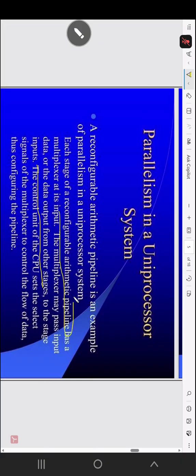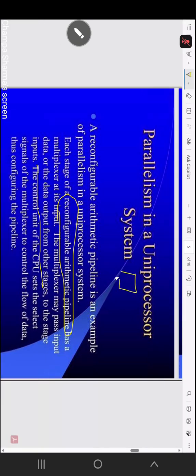A reconfigurable arithmetic pipeline is a technique that allows parallel execution of arithmetic operations within a single processor by dividing the computation into multiple stages. Each stage works simultaneously on different parts of data, much like an assembly line. Is it clear?